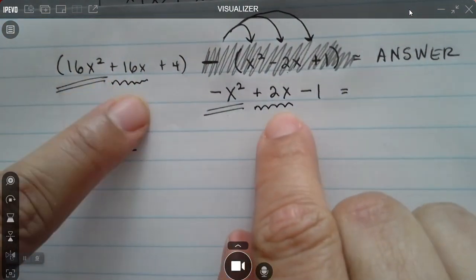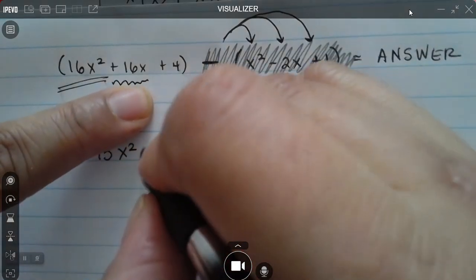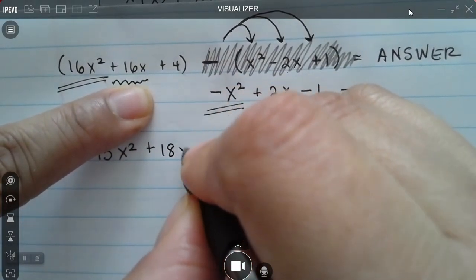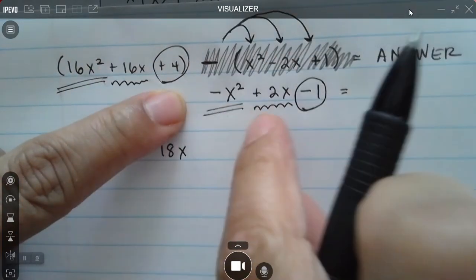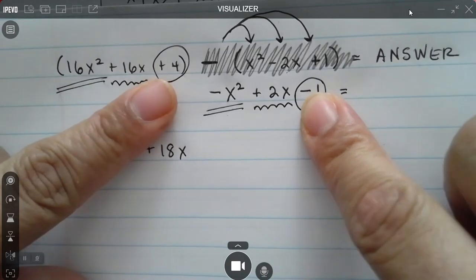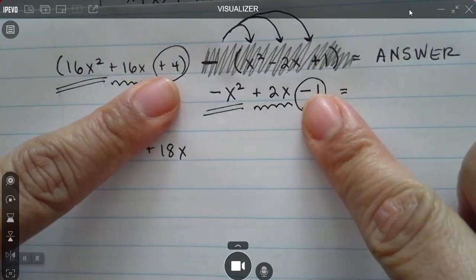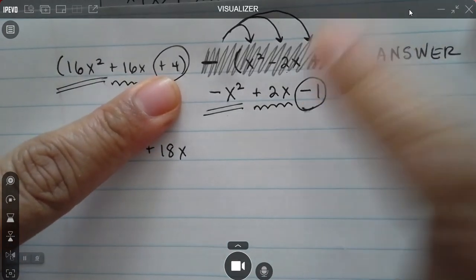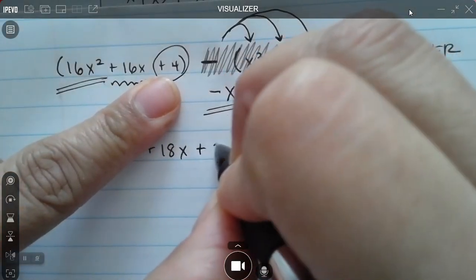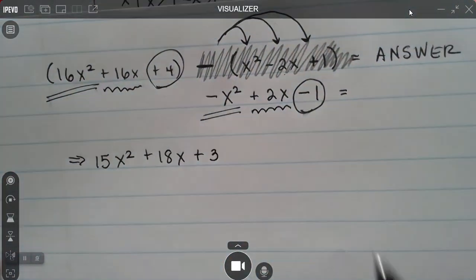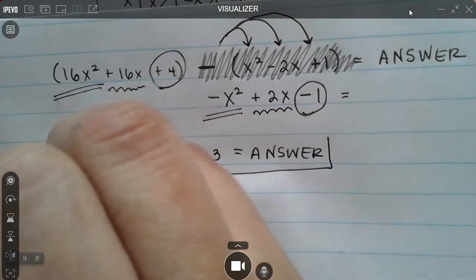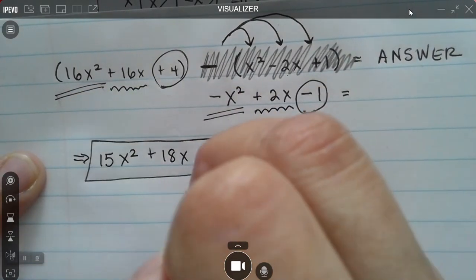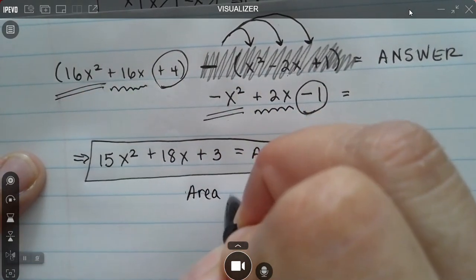So what's 16 add 2? So plus 18x. And then the constants. 4 add negative 1. Exactly, 3. And this is the area of the shaded region.